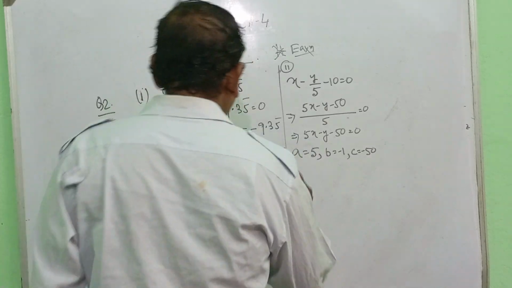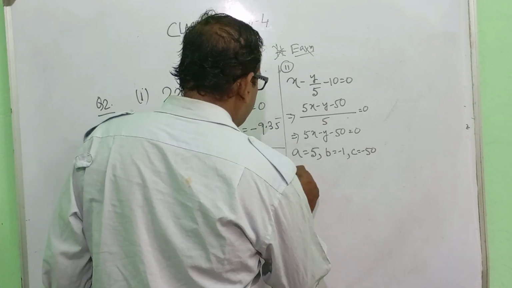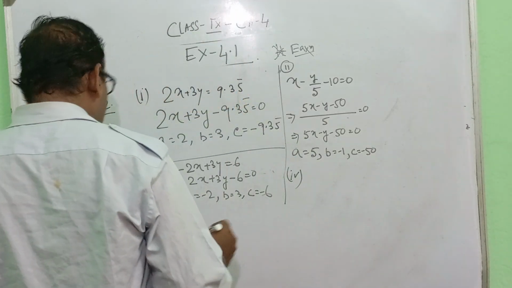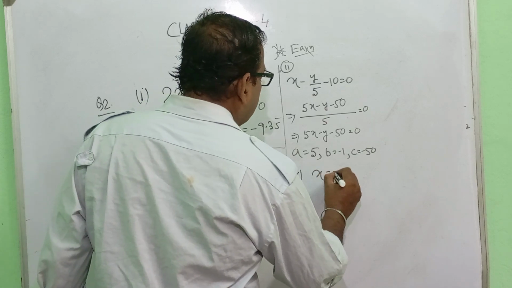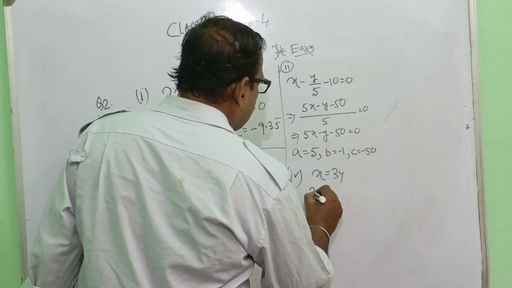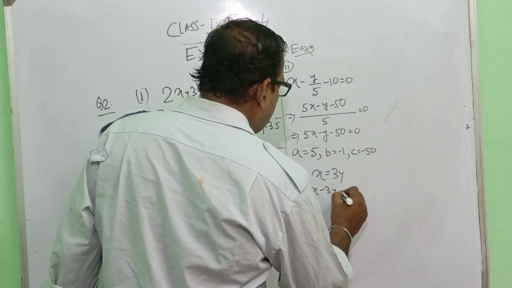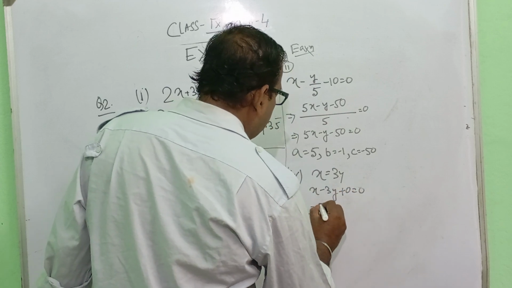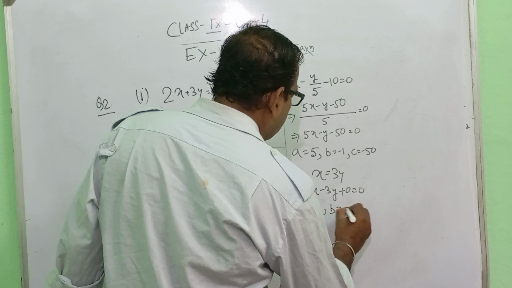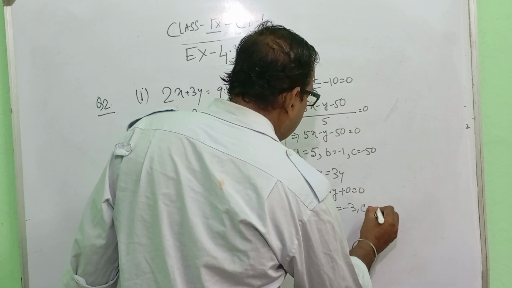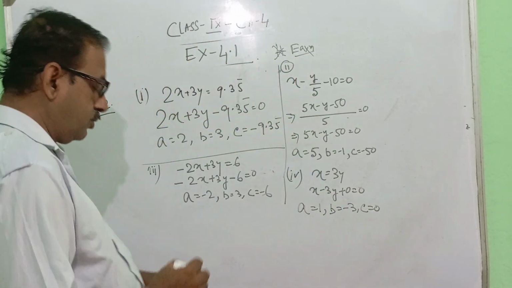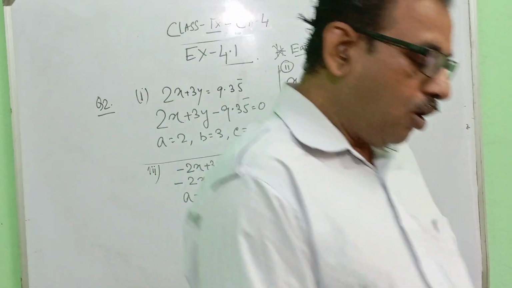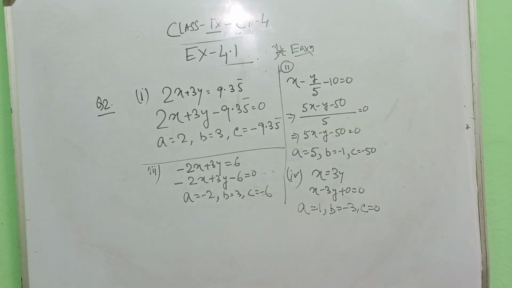And the last one is 4. They have given x is equal to 3y. So x minus 3y plus 0 is equal to 0, and a is equal to 1, b is equal to minus 3, c is equal to 0. So this is all about exercise 4.1.